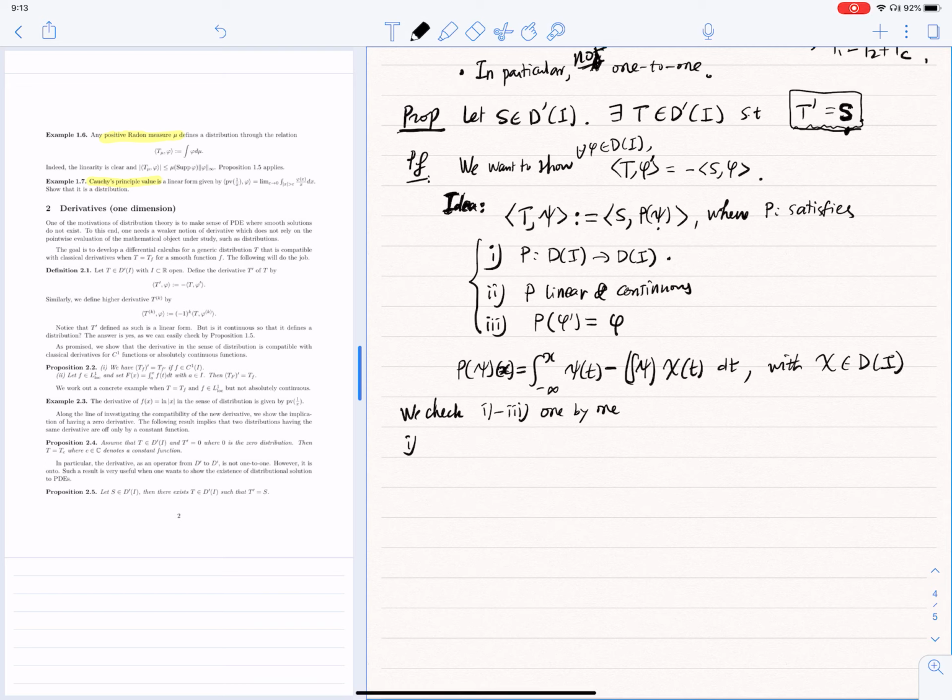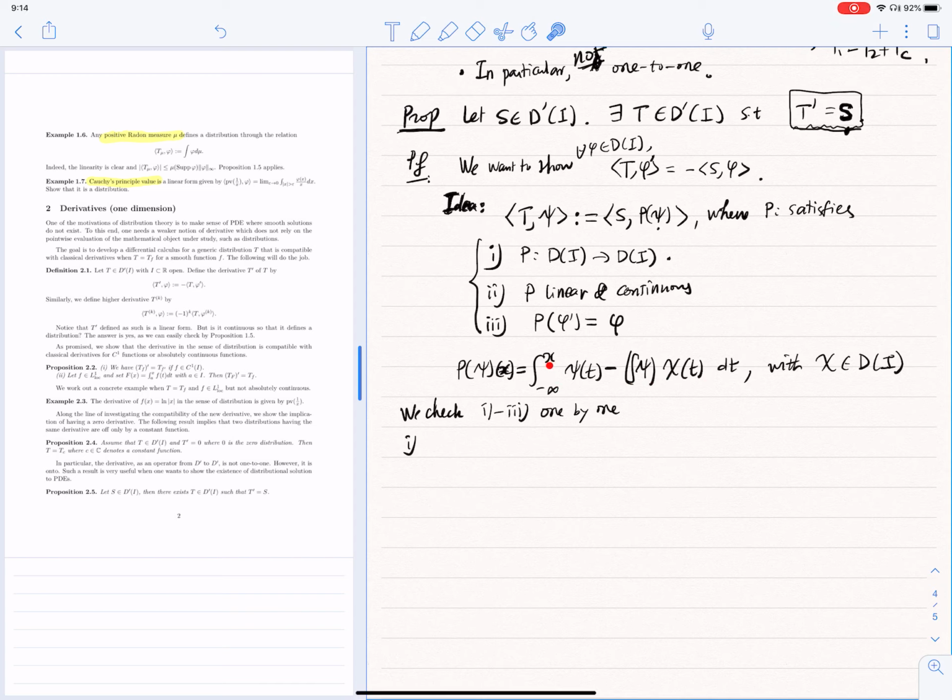So when x is sufficiently small, we see that this function is indeed 0, because when x is smaller than the left endpoint of the support of psi and left endpoint of the support of chi, the domain of integration is not intersecting the supports, so that we have integral 0.